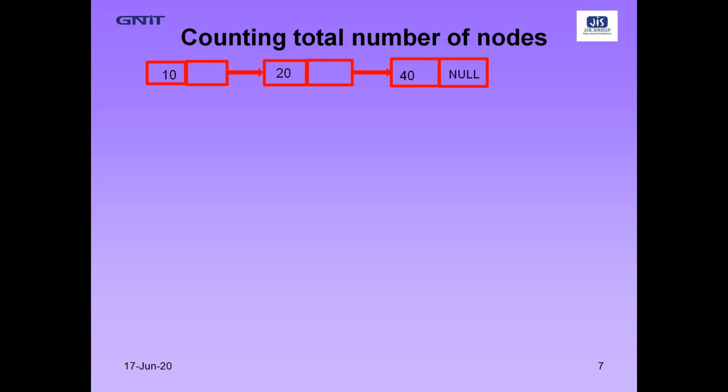So it returns the value of I count, here is 3. That is, in this case the total number of nodes will be 3. So in this way we have to count the total number of nodes in a singly linked list, right?